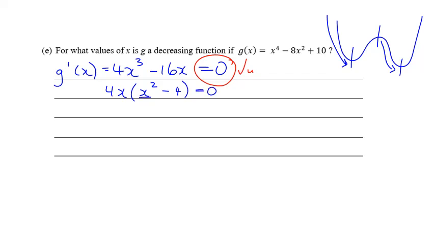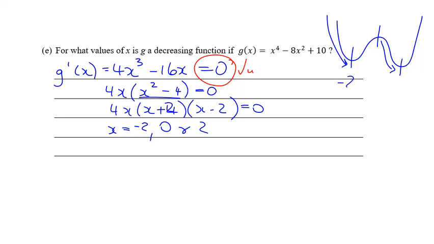And then, well, that's just a quadratic that you know factorizes to, sorry, that should be a 2. 4x into x plus 2 and x minus 2. They equal 0. So my 3 turning points are when x equals -2, when x equals 0, and x equals 2. So just looking at my graph over here, that's -2, that's 0, and that's 2.